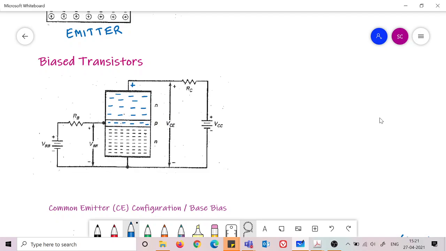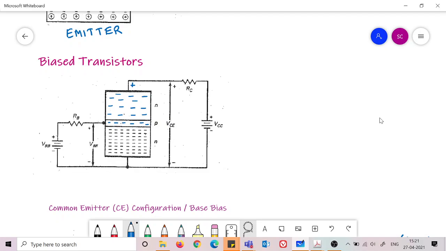As you can understand, the current's direction is from the collector through the base to the emitter, which is very obvious from this particular battery voltage which you are seeing here. The current would be in this direction. Here also the current would be in this direction.